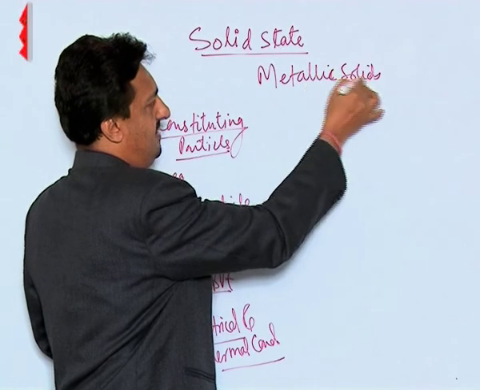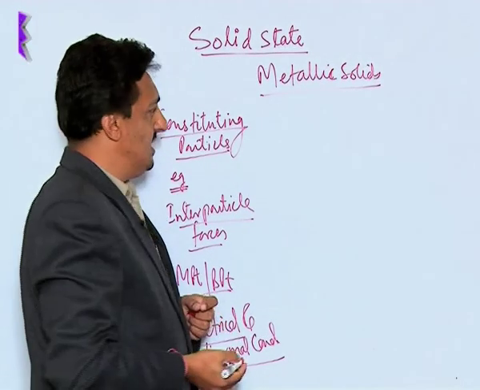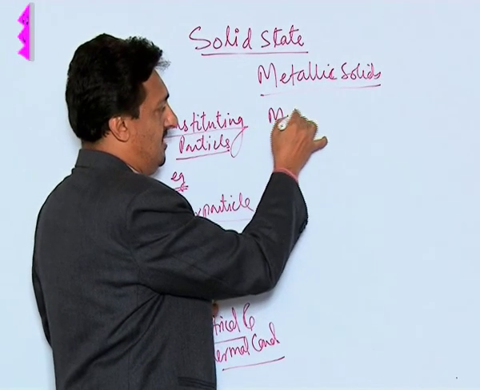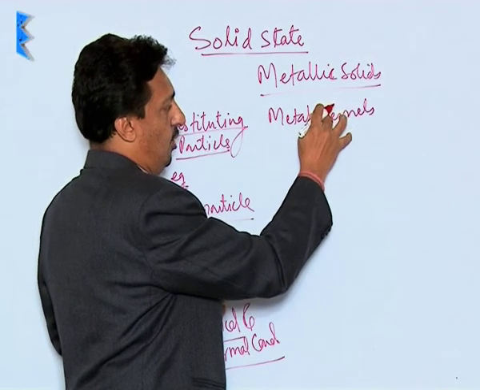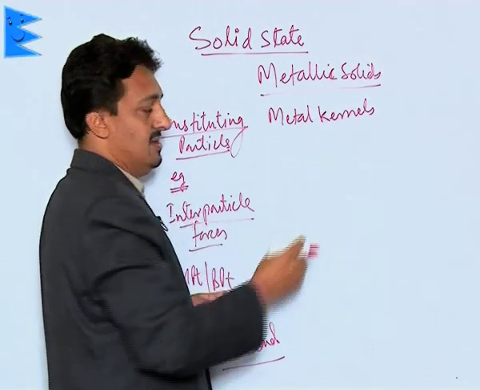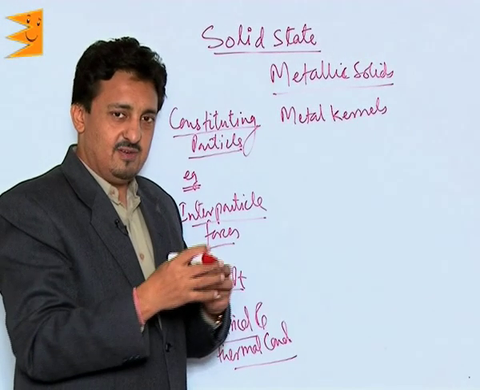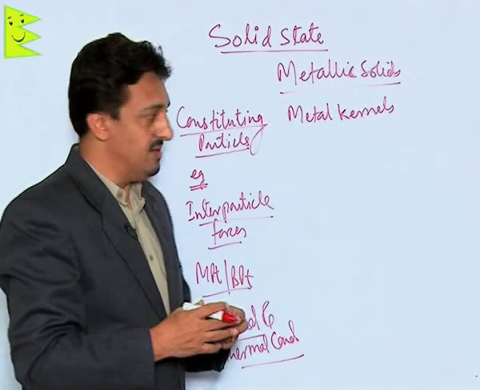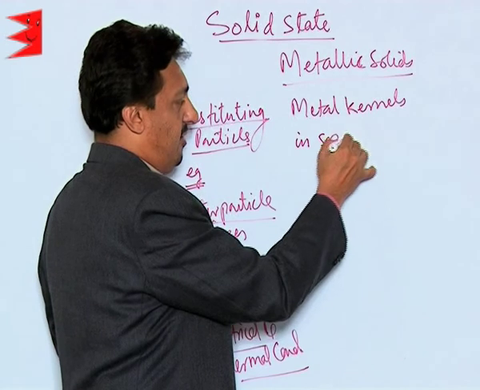Now, metallic solids include all the metals which are present around us. In these metallic solids, the constituting particles are metal kernels. I hope you all know what metal kernels are. These are the metal atoms which are given a positive charge in this state by the electron sea model theory, and they are in the sea of electrons.